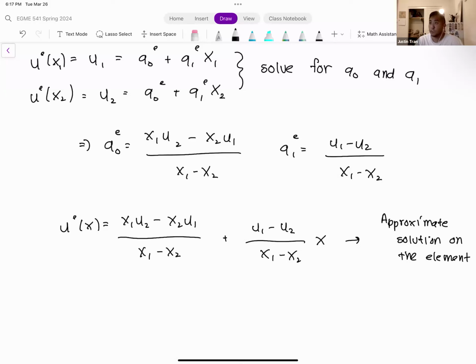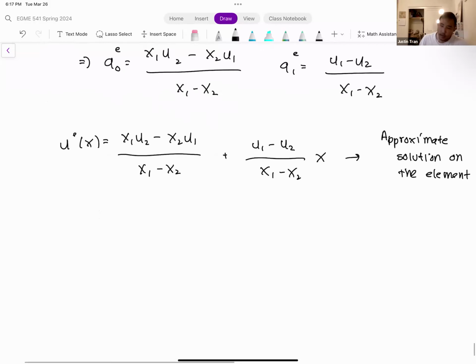All right, so pretty straightforward so far. This is the same process that we followed before. I'm going to rearrange these terms a little bit to get them in a more convenient form, because right now this form is not so convenient. Let's rearrange it around our nodal solutions.